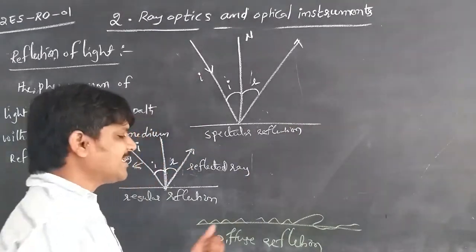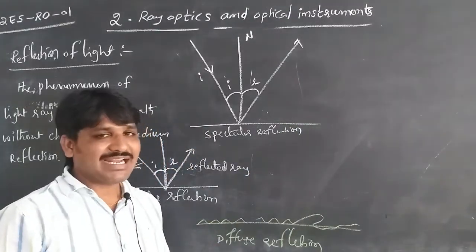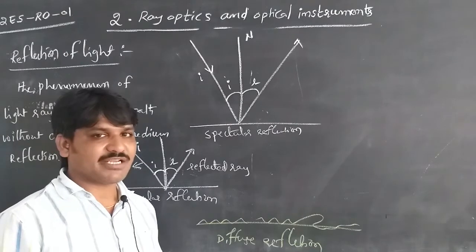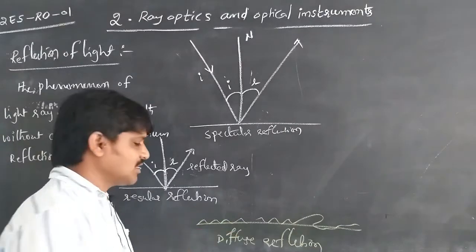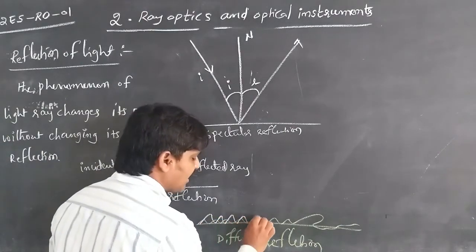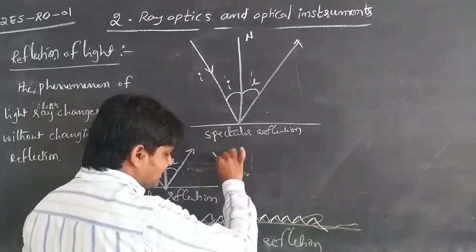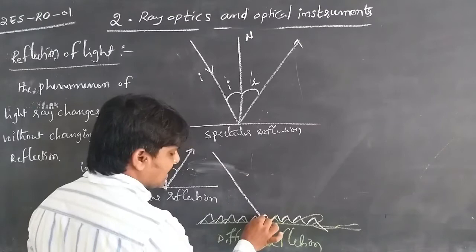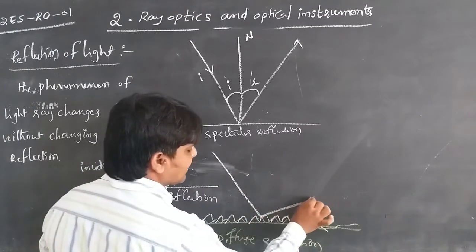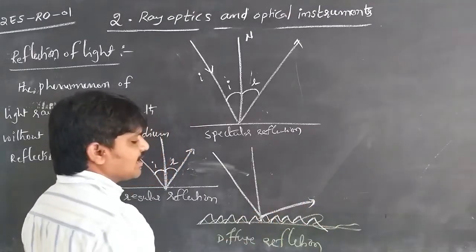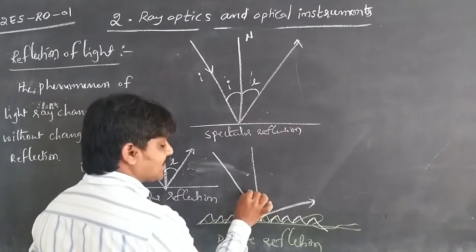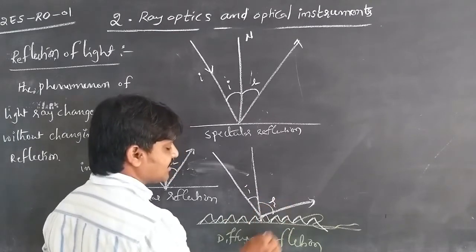In case the light ray is incident on a rough surface, which is not smooth, here we have the rough surface. When the light ray is incident on this, the reflection goes in many directions. This is the incident angle, and the angle of reflection is different.